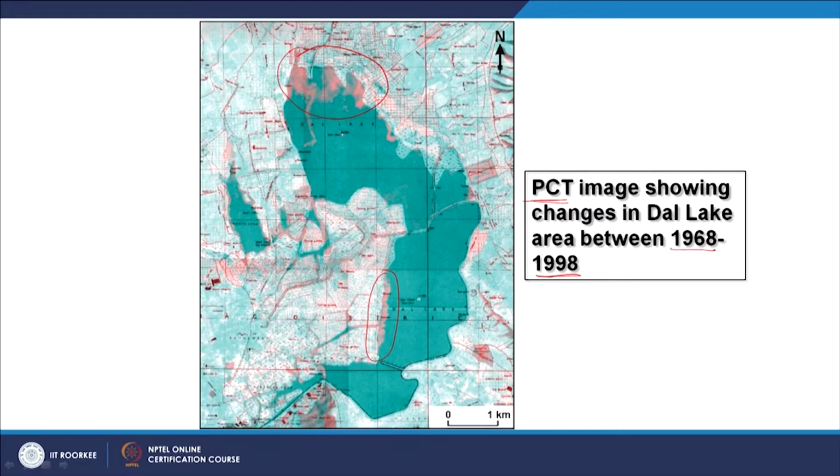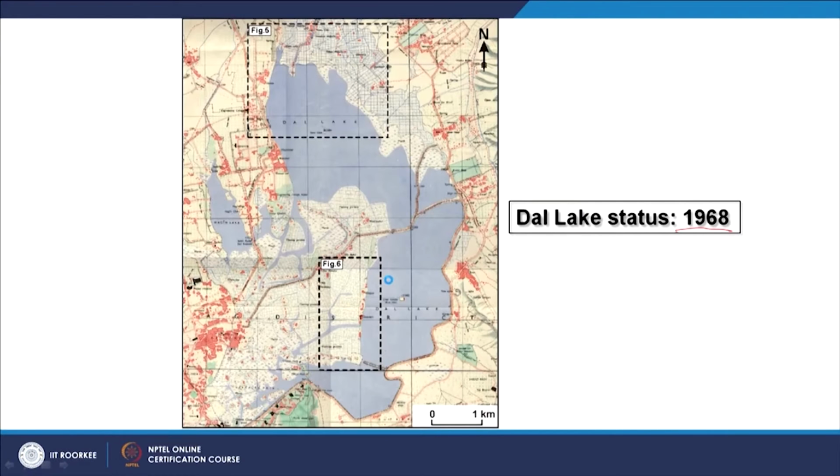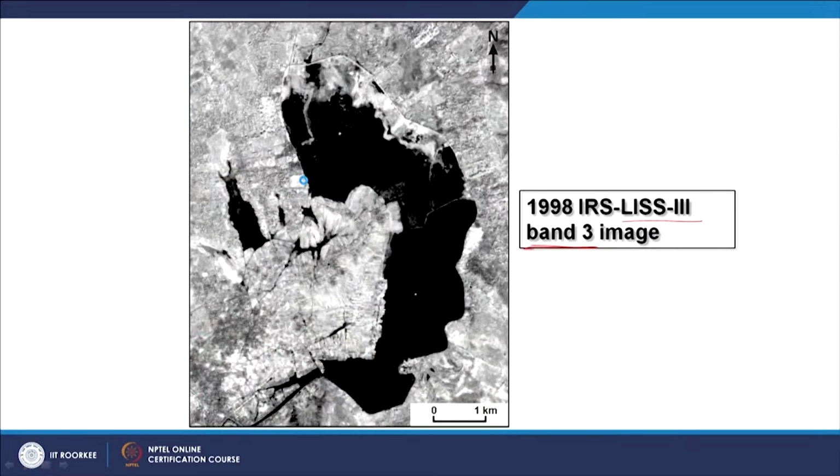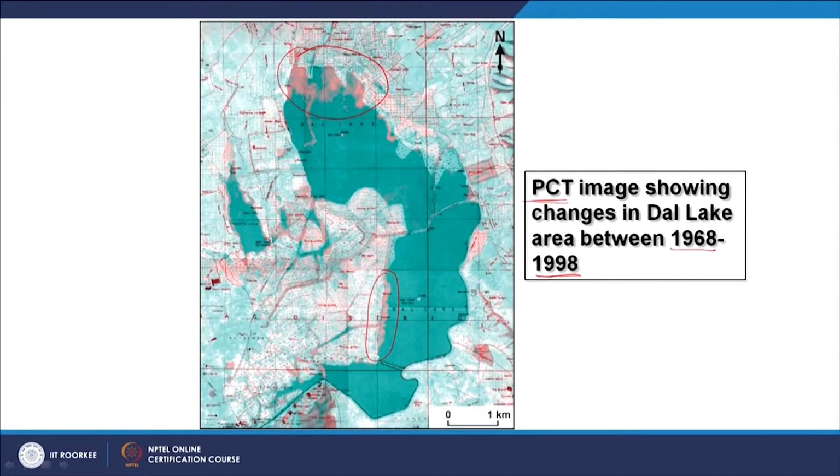Further, if you look at this 1968 map, you would see that there were connections between Dal Lake and Nagin Lake, and these shikaras or small boats used to go from one lake to another. But in this image you would find that all those channels have been blocked because of growth of vegetation.